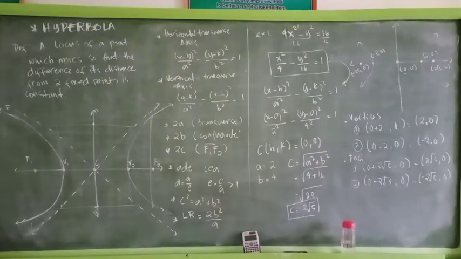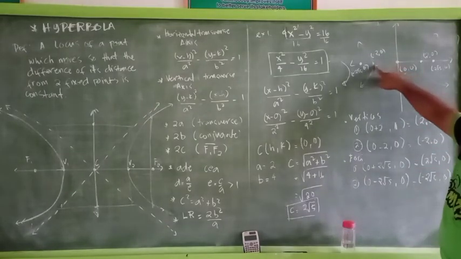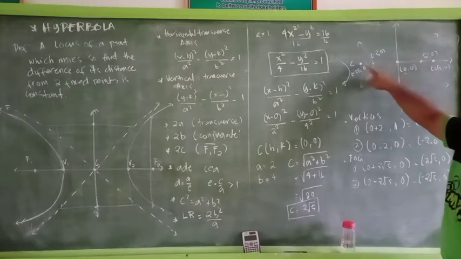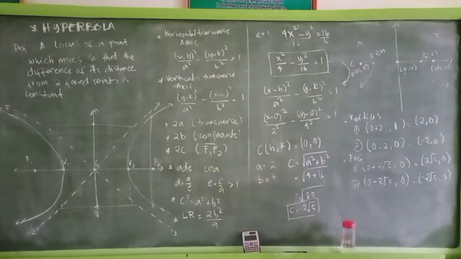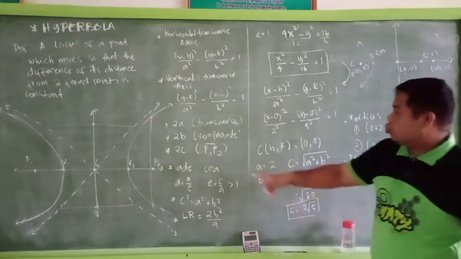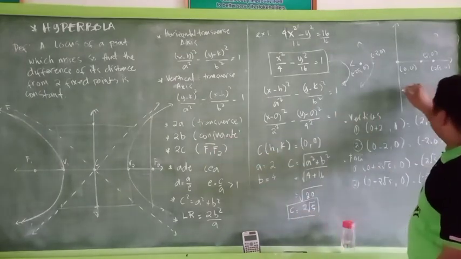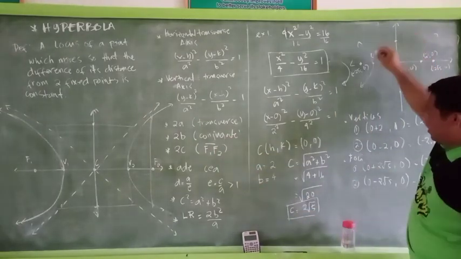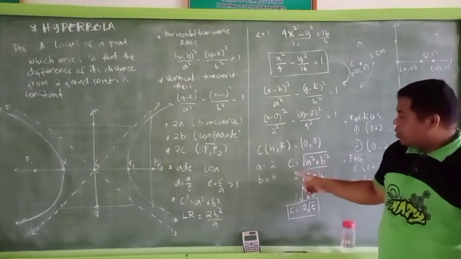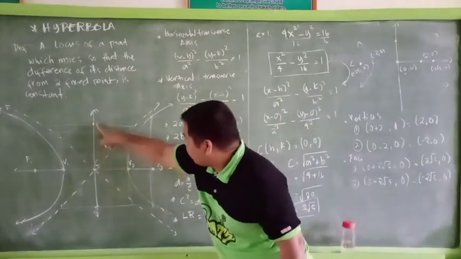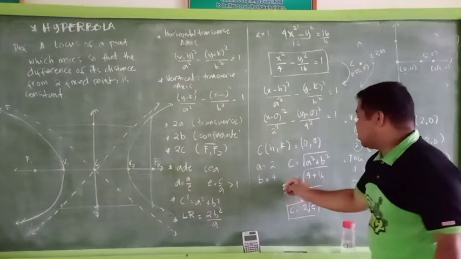Next na kailangan natin i-solve, meron tayong center, meron tayong dalawang vertex, dalawang focus. Another one is yung conjugate axis. Conjugate axis natin dito is 2B. So, the endpoints of the conjugate axis natin, that is from C to either one of the conjugate axis, yung distance na is ito.